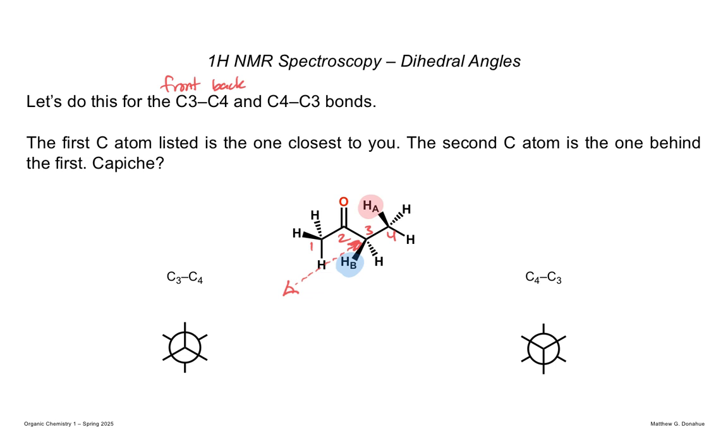So let's see if we can sort of do this in our head without the model first. So if your eyeball's in that plane in carbon 3, so that's the front, carbon 4 is the back. On carbon 3, the front carbon, what should I write at this top substituent?